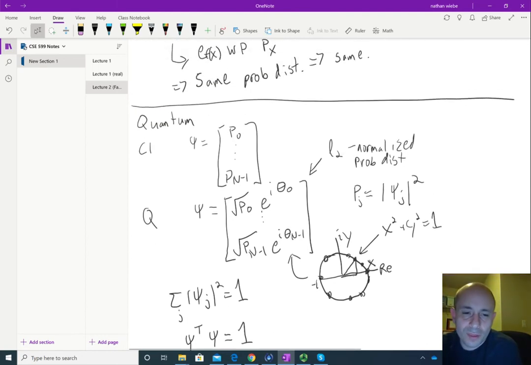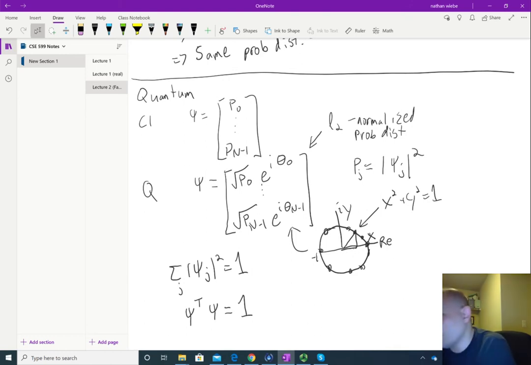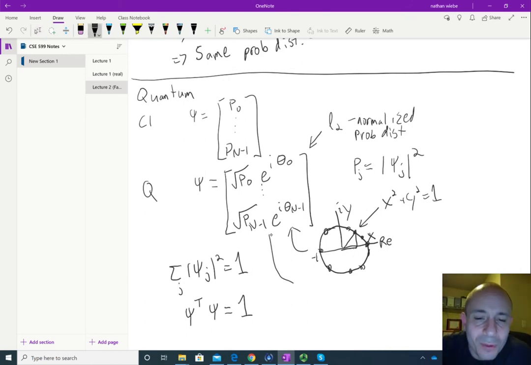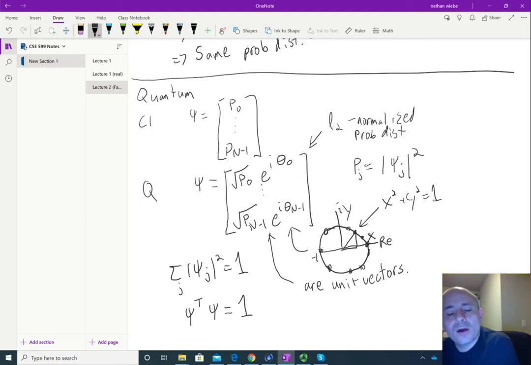So all of these vectors over here, one of the things that I think is really cool, are, in quantum theory, all unit vectors. Okay, so our set of valid distributions are all sets of unit vectors.